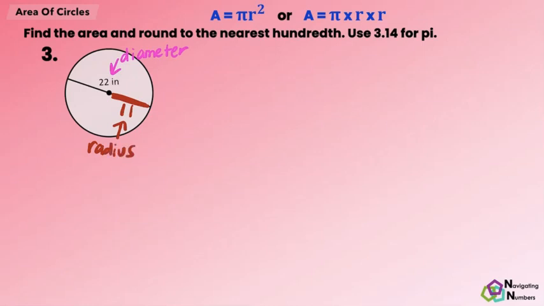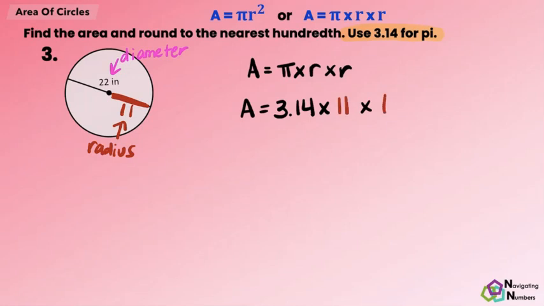Okay, so let's use our formula. We have area equals pi times radius times radius. We're using pi as 3.14, and the radius here is 11, so times 11 times 11. So area equals 3.14, and 11 times 11 is 121. So let's find the area.